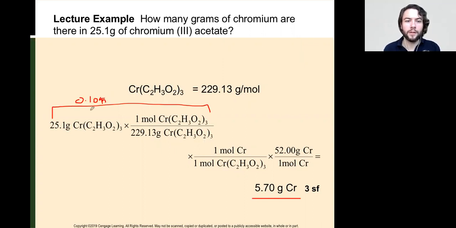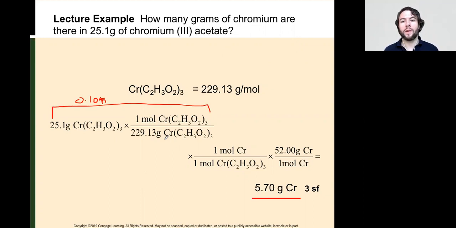That's terrible, but 0.1 or 0.1095. Okay, so that's the number of moles of chromium acetate we have. But now we need to find out what percentage of this chromium acetate is actually chromium.